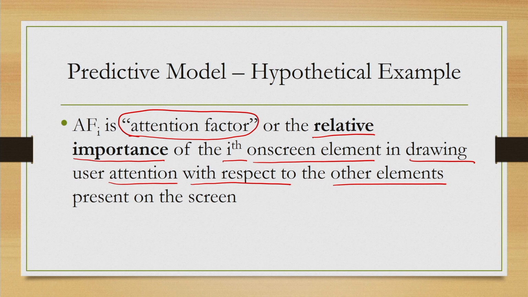So, we compute AF_i and it gives me some idea of the relative importance of the corresponding element in drawing attention of the users with respect to the other elements present on the screen.